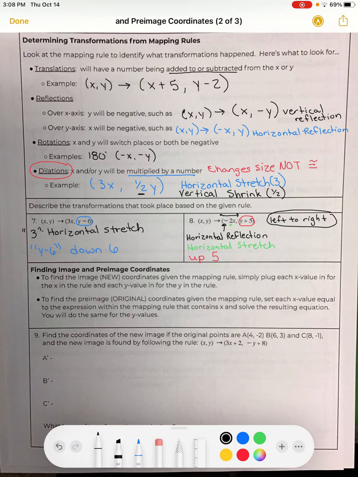So I first saw a negative sign. That meant horizontal reflection. I next saw the number 2. 2 times x is a stretch. 2x, okay? And then I saw up 5 because it was y plus 5. So as I'm reading this mathematical rule from left to right, these are the order of the things that I would say. 1, 2, 3.